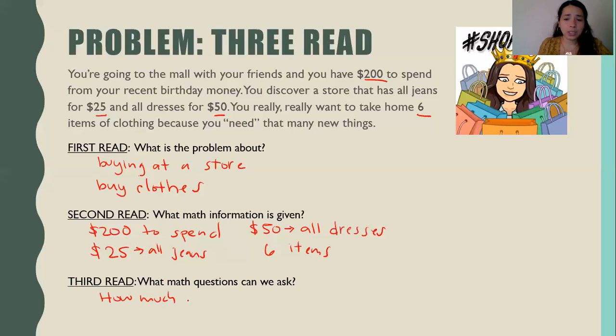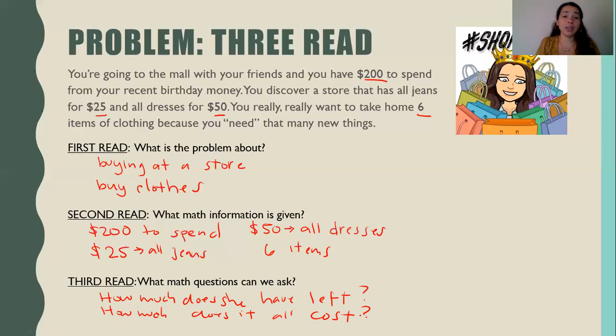So how much does she have left? And that's after she buys maybe 6 items. Like, does she have any money left over? And then how much does it all cost? Okay. And then I would maybe even ask a question, like, what did she buy?